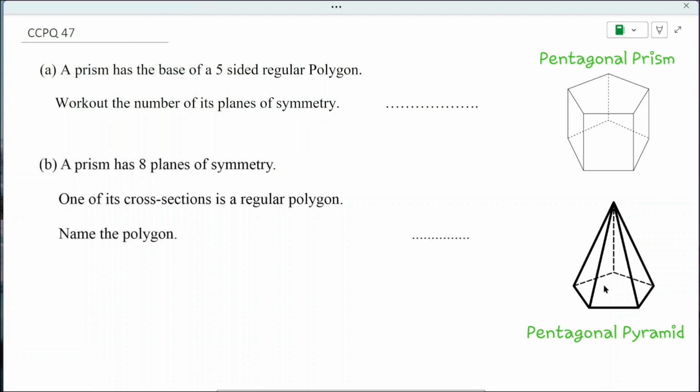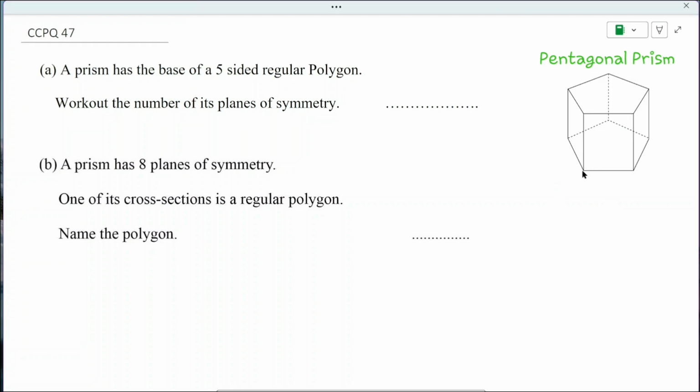So note the difference. Now, we've come to understand the difference between a prism and a pyramid. We now need to work out the number of planes of symmetry of this prism. The number of planes of symmetry of a prism is not just determined by the number of sides of the base, when the base is a regular polygon.